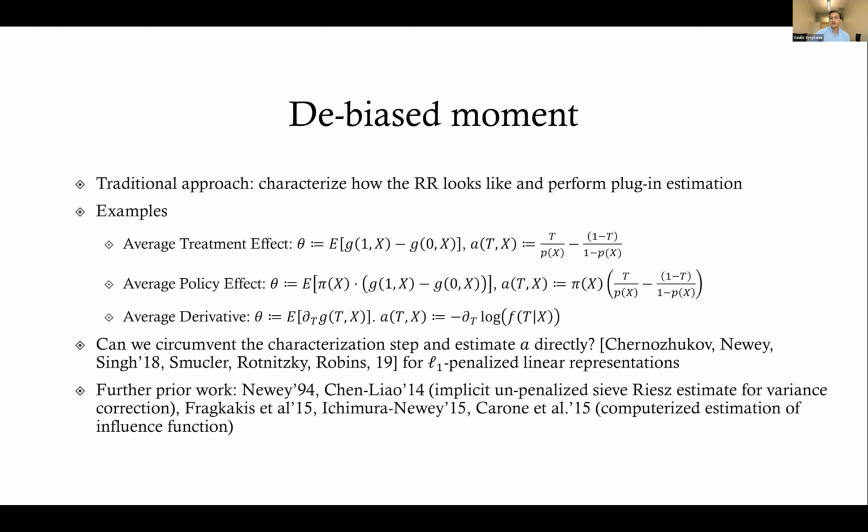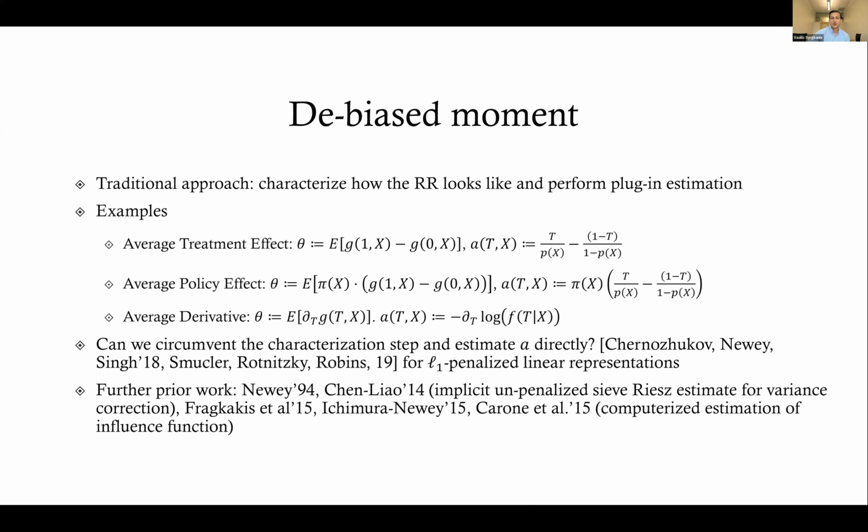And typically uses this implicit estimation of Riesz representers not for debiasing, but rather for calculating the correct variance. So the works above repurposed this idea of automatically estimating the Riesz representer for debiasing.